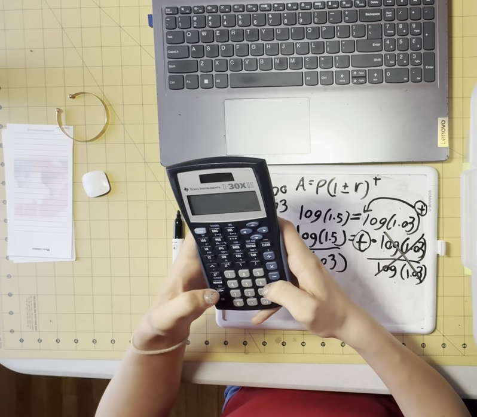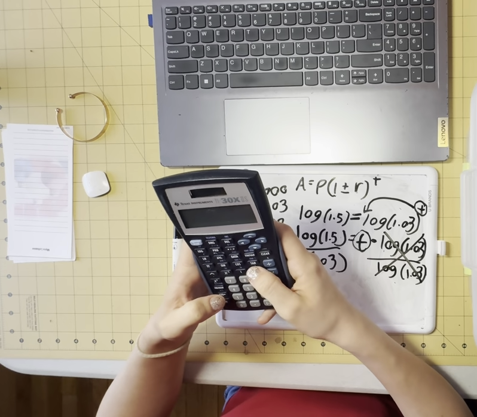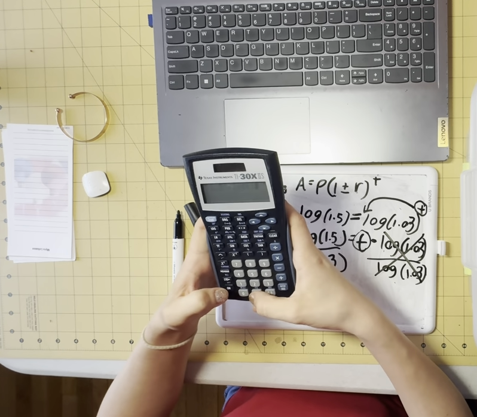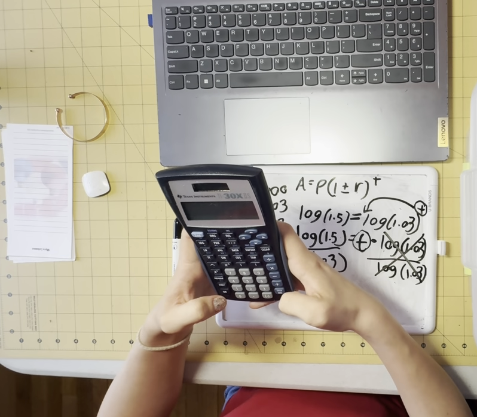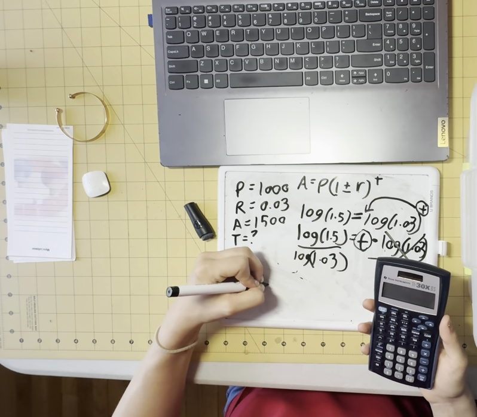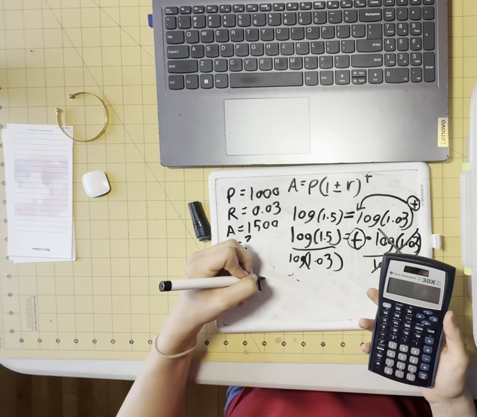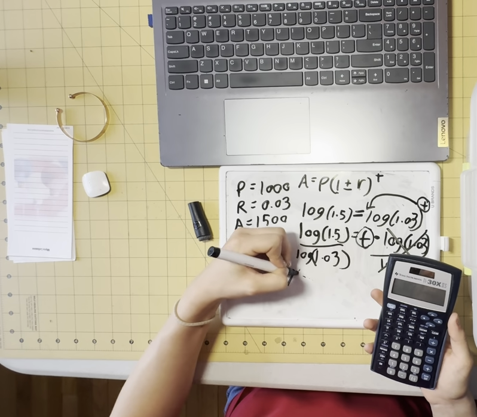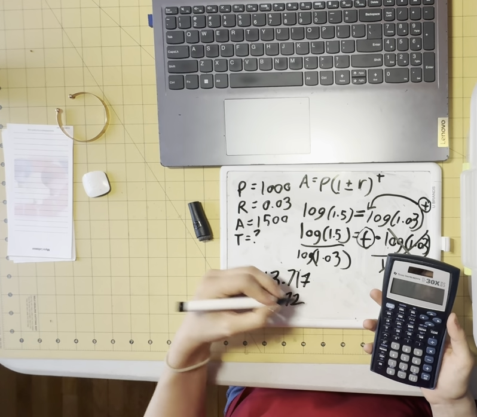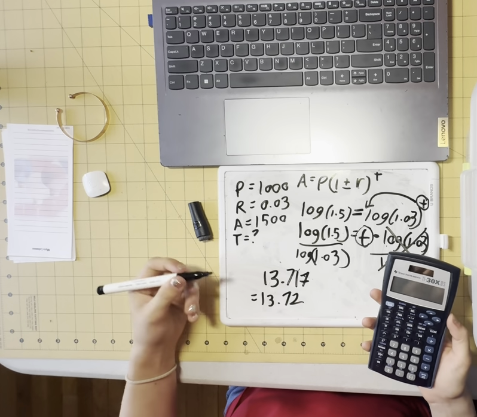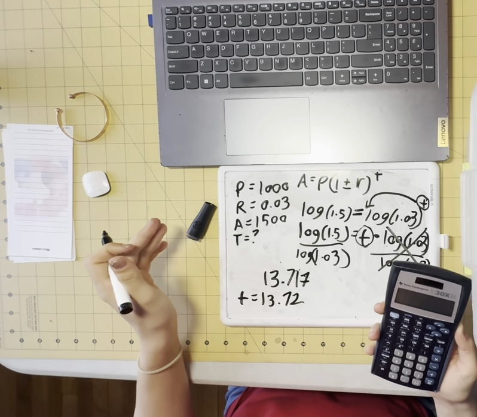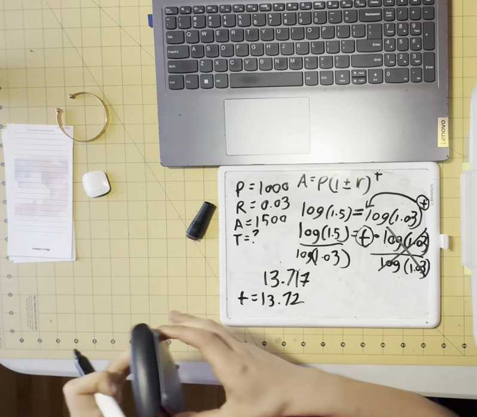Log 1.5 divided by log 1.03 is going to give me roughly 13.717 or 13.72. So if you're asked on an exam, you say that it will take 13.72 years to reach 1,500 people.